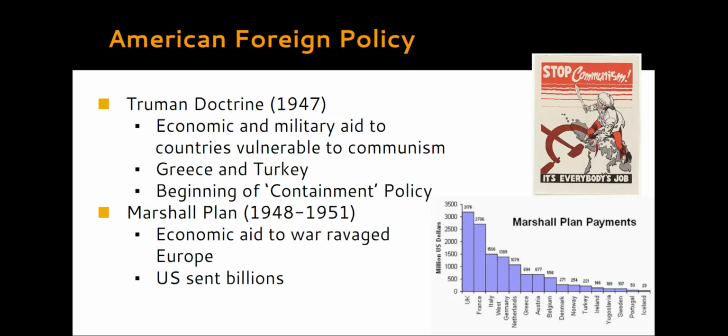Now, this is a big kind of slap in the face to their former allies, the USSR, and they are giving initial aid to Greece and Turkey because they do face a threat of turning to communism. This is kind of the beginning of the United States having this containment policy that we're going to stop communism in its tracks. It is a goal of communism to spread out over the world, and they want to control that.